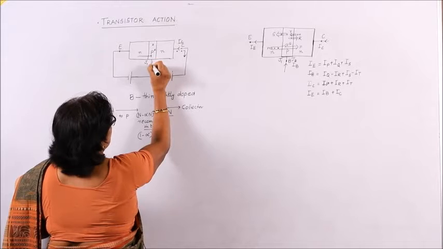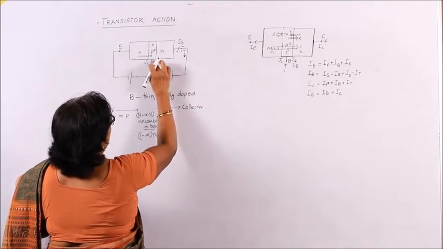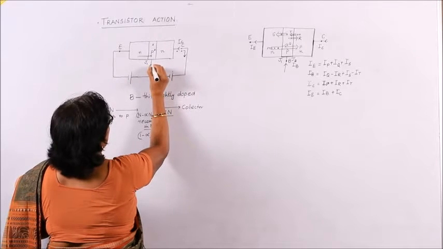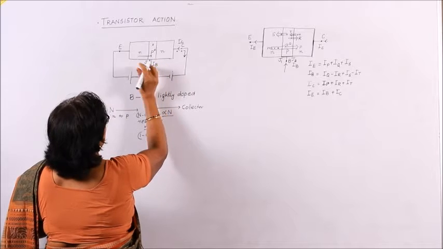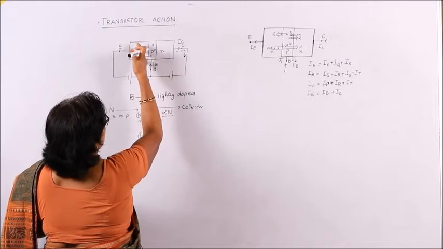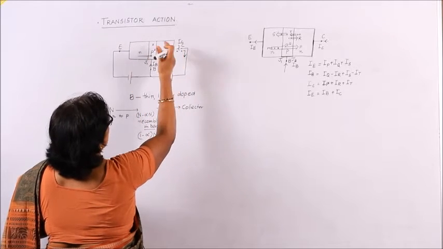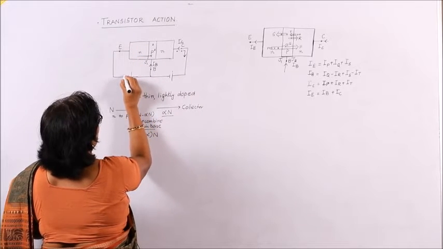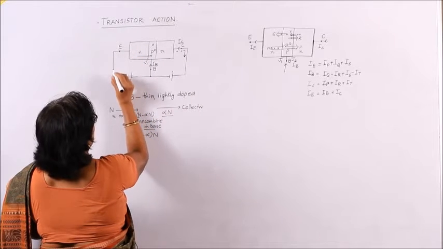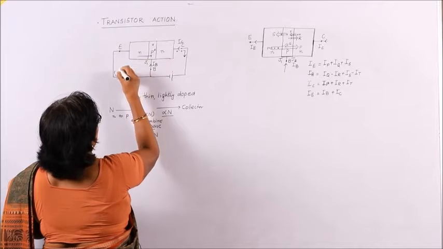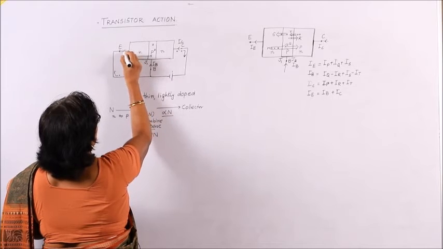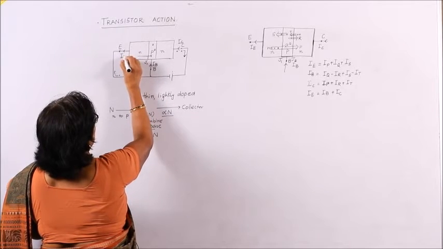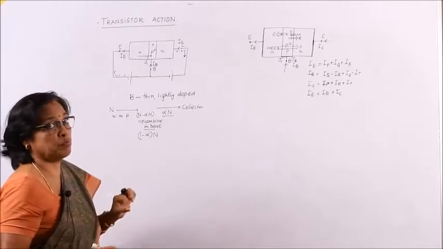So, they will travel like this, and hence the current in this circuit, IB, will be like this. From this region, the total number of electrons going to this side must be compensated in the external circuit. So, the current direction will be opposite to that. So, the emitter current will be like this.